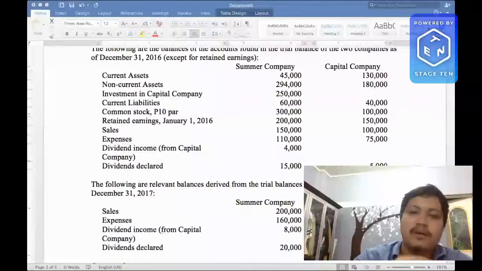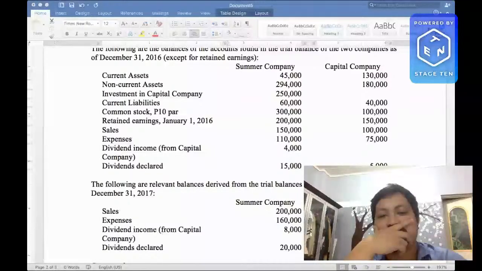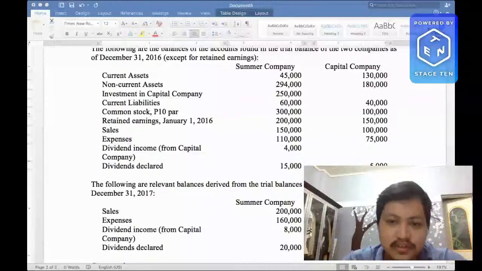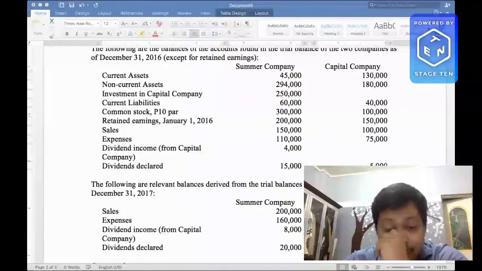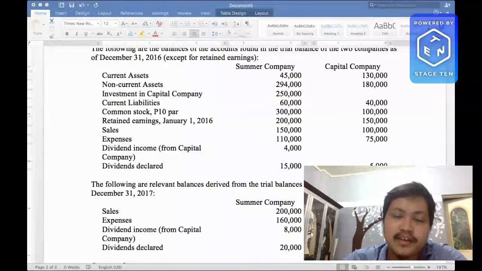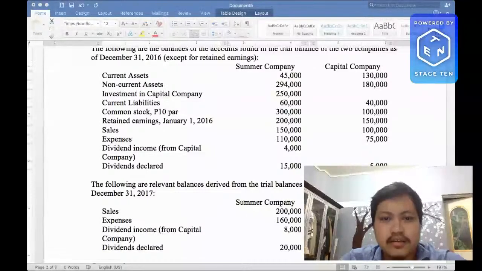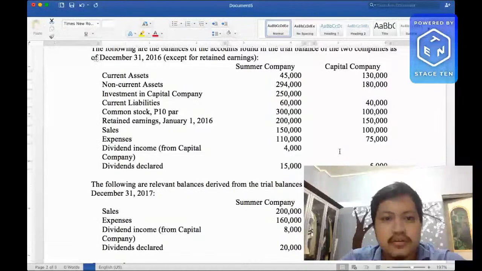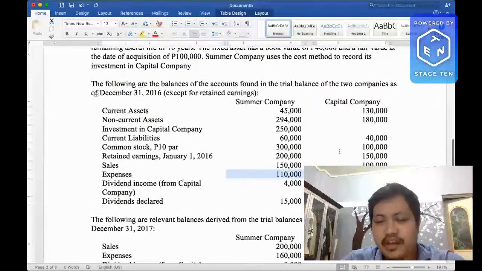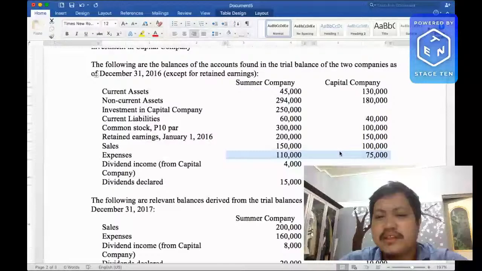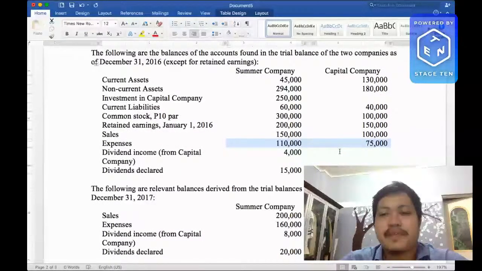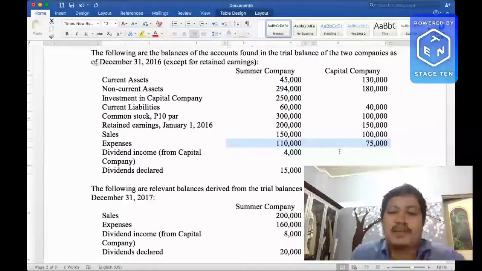What is our needed adjustment? Our amortization. Go back to the excess. How much was the excess? 60,000. The book value is 40 and the fair value is 100. There is an excess of 60,000 to be amortized in how many years, class? To be amortized in 10 years. So every year for 10 years, we will have an amortization of 6,000. And that would be your adjustment to the income of the subsidiary.